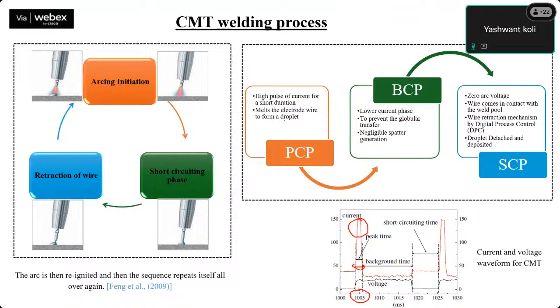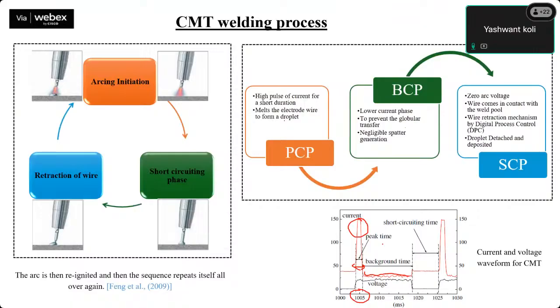Then the BCP, the background current phase. You can see in the current diagram, the background current is reduced compared to the peak current phase. It is important to lower the current to prevent globular transfer. If we are not controlling the current, and it stays near the peak current, the droplet will keep increasing and become a globular transfer.